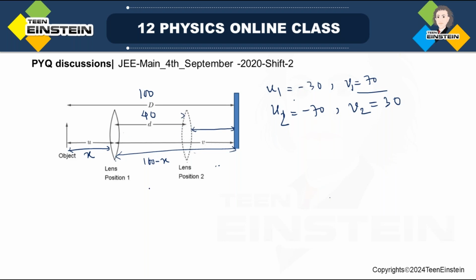From here 40 plus x is equal to 100 minus x, right? Is that correct? This is 100 minus x, so that is equal to 40 plus x.